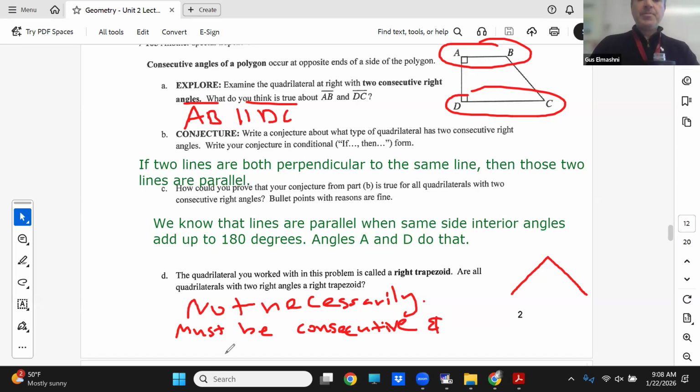Next to each other. Yeah, it has to be. I'm trying to figure out how that would look, but anyhow.